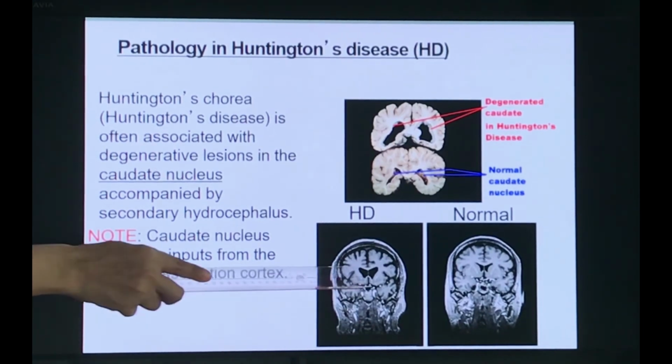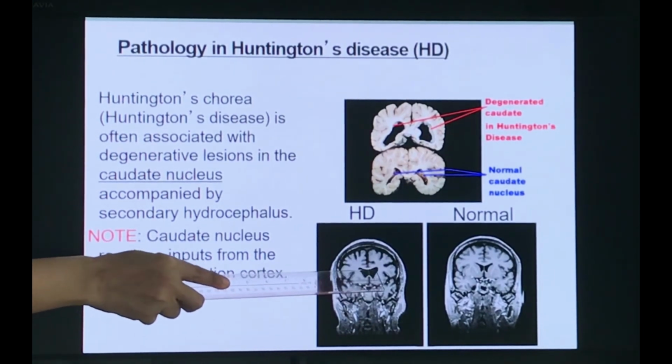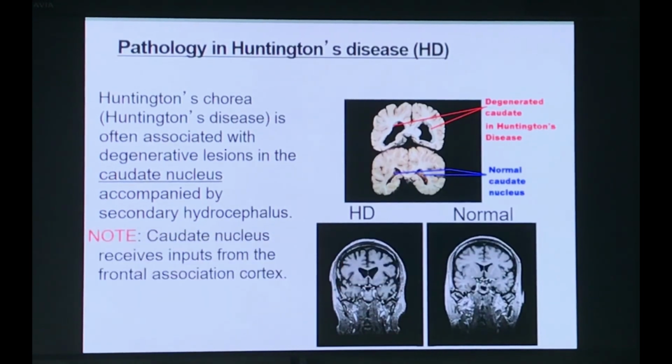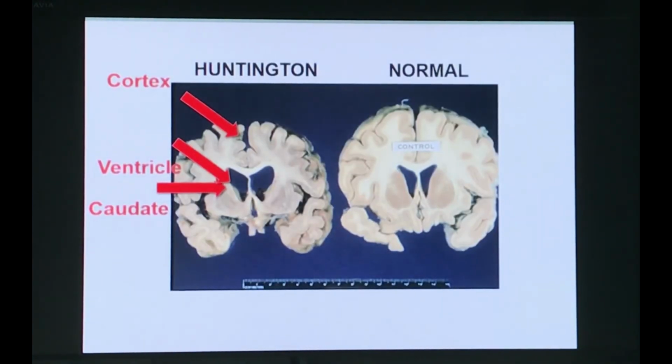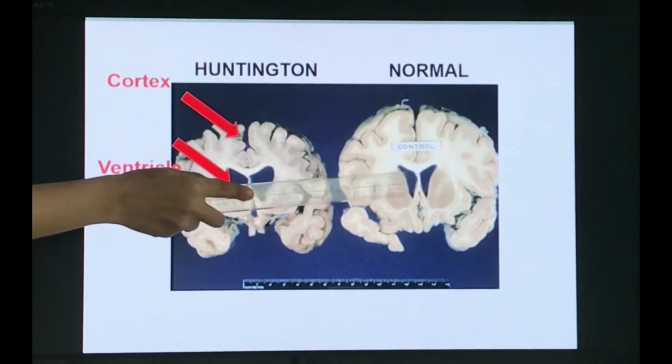So in Huntington's disease you can see enlargement of the ventricle. This is the MRI scan. Ventricle here, degeneration of caudate nucleus which is present here. You can compare with the normal specimen.